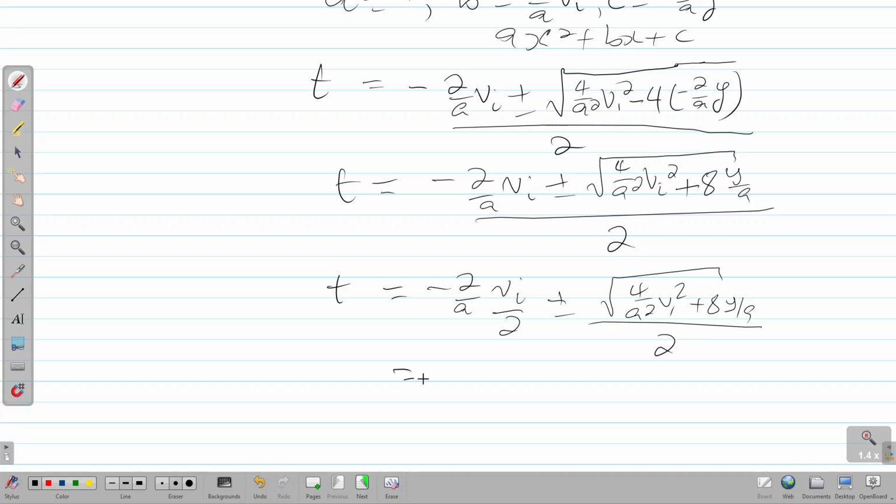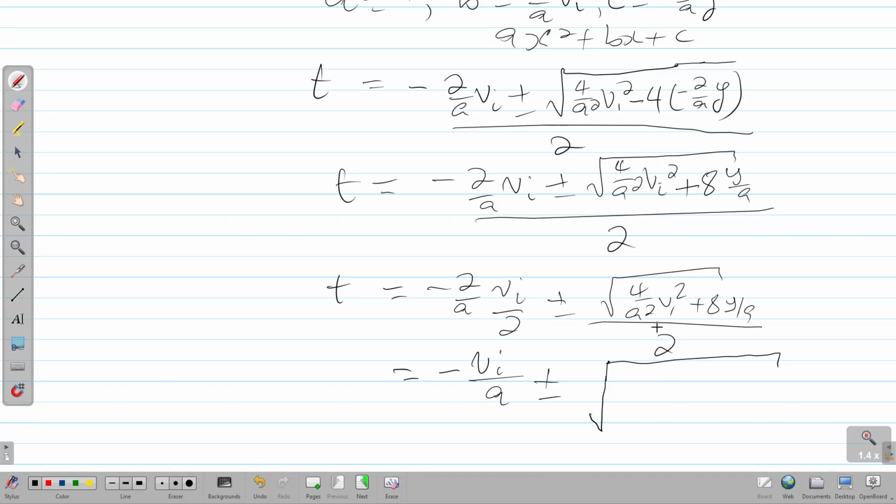Okay, so then these 2 and these 2 cancel out, so you have minus v initial over a, plus minus square root of, and then what you can do here is that you can take the 2 inside the square root, so that's going to become 4.